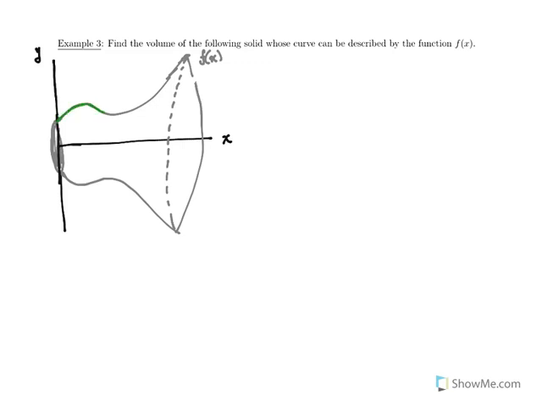This curve right here is our f of x. All right, this is circular in a kind of shape, and for every x value from 0 to, let's call this 10 right now, for every x value between 0 and 10, we're going to find a slice.